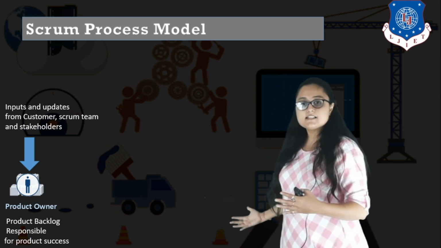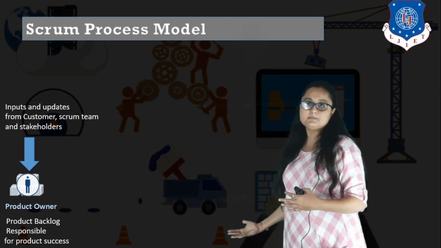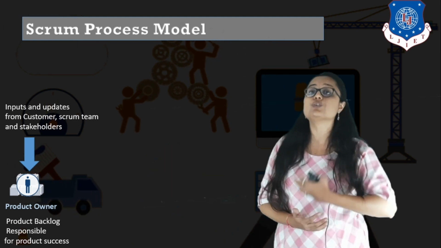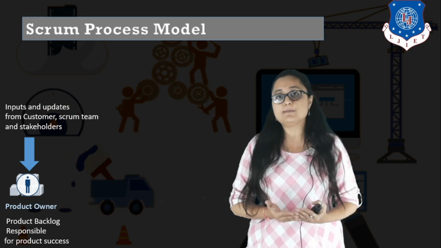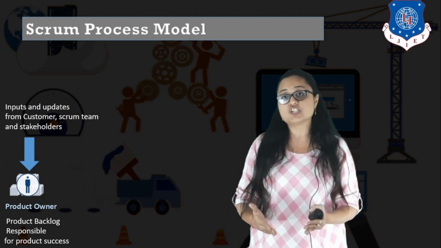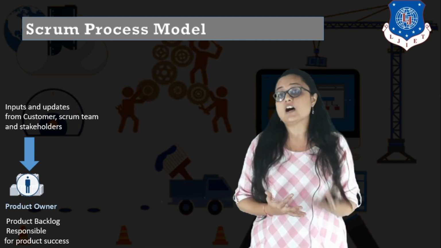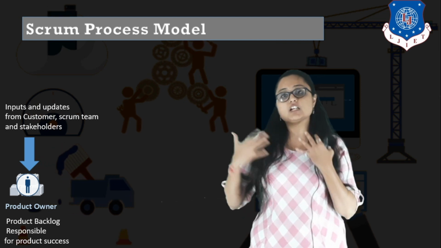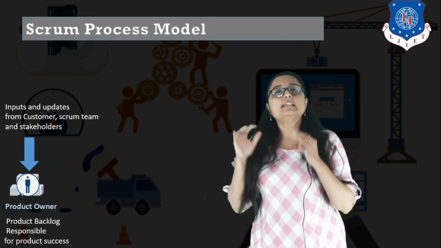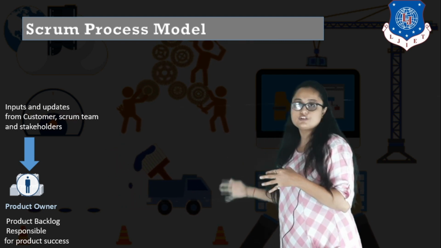The next is all the responsibility related to this product backlog. If there is some new requirement, because we are following Agile methodology and the main focus of Agile methodology is to incorporate change even later in the development. So if there is a new requirement which the customer is not telling you initially but in later development stages, yes, the product backlog can consist of requirements added at later stages also.